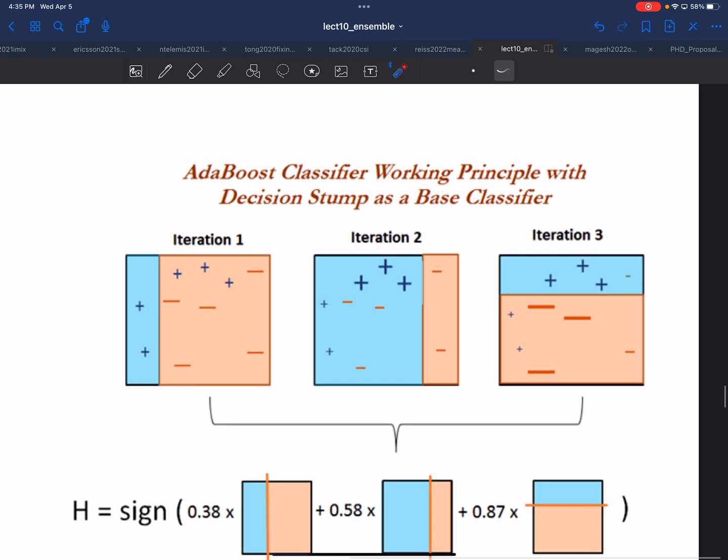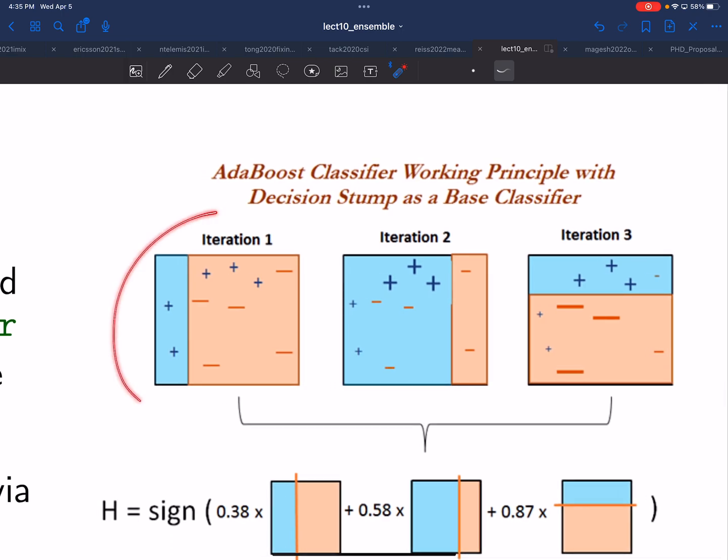So here's a picture. This is the first iteration. This is your training data. You have a class of blue pluses and a class of red minuses. Your objective in that very first iteration is to design a stump that tries to minimize classification error. A stump is basically going to be a partition into 2 boxes horizontally or 2 boxes vertically. You just get to pick one threshold on one of the 2 axes.